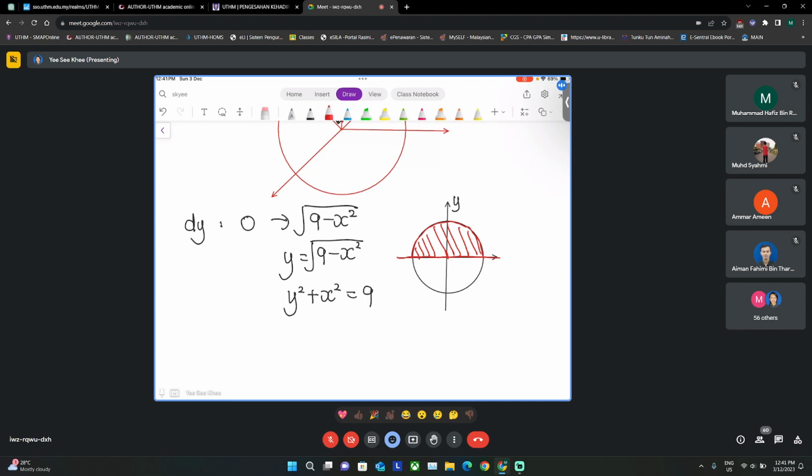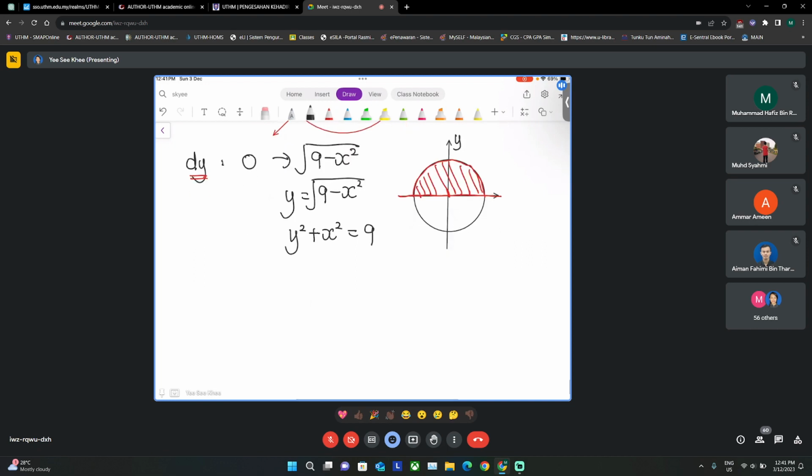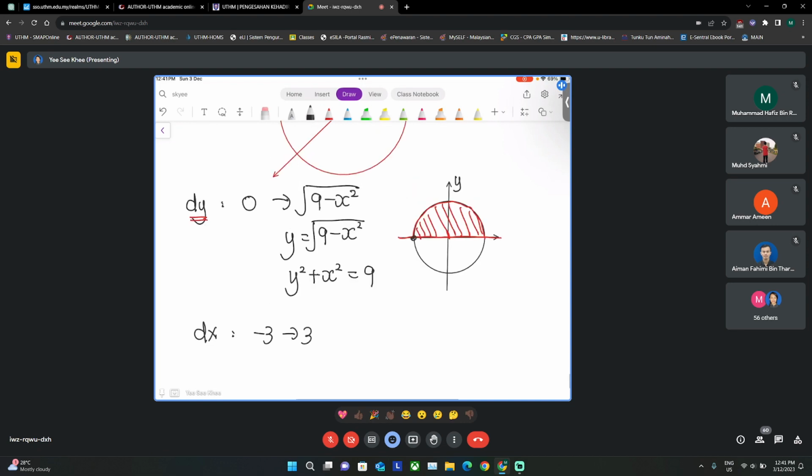This dy is telling me that it refers to the upper part of the circle. How about the dx? Dx is from -3 to 3. So this is a circle that has a radius of 3. Your dx is from -3 to 3, meaning the whole.